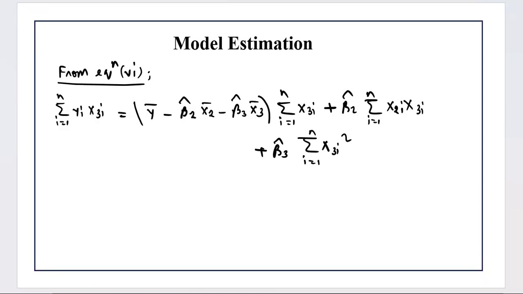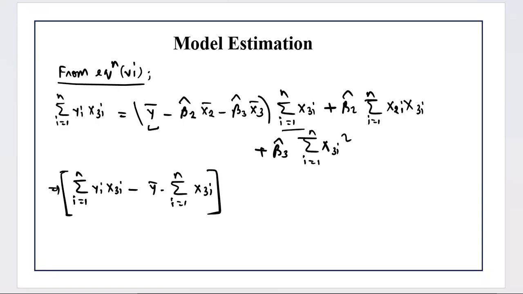Again, you have to do the same thing. Multiply this and take it to the left hand side. So the left hand side will be summation yi x3i minus y bar into summation i from 1 to n x3i. This will be the LHS. And in the RHS again, take beta 2 cap common.